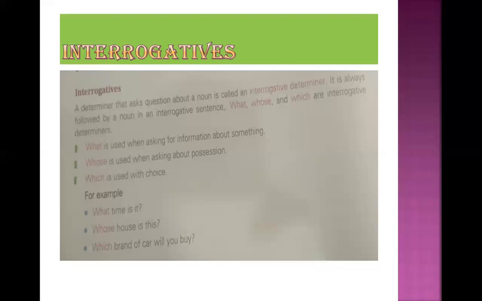Which brand of car will you buy? So these three interrogative determiners, what, whose, and which: what is used when we are asking for information about something, whose is used when we are asking about possession, and which is used with choice.